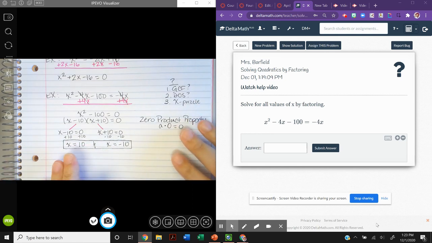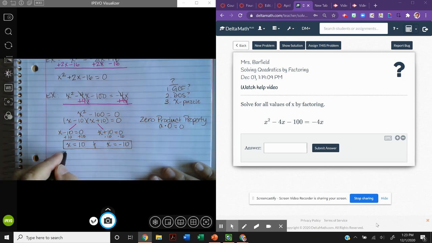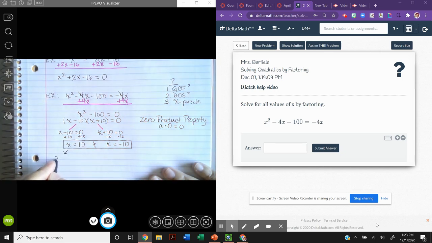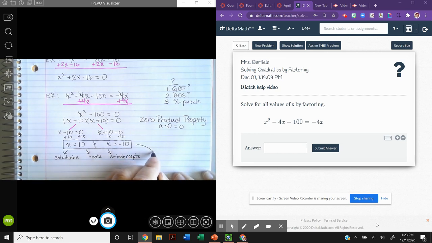Now, these answers have a lot of names. The first is solutions. They are also called roots. They are also called x-intercepts. They are also called zeros.